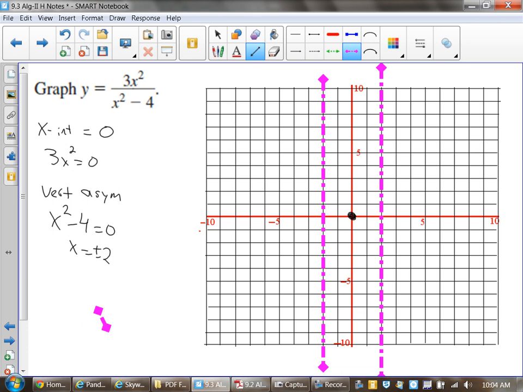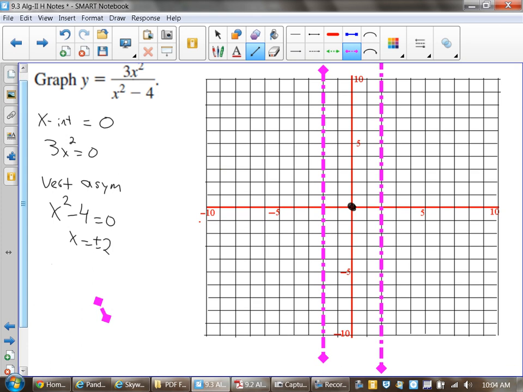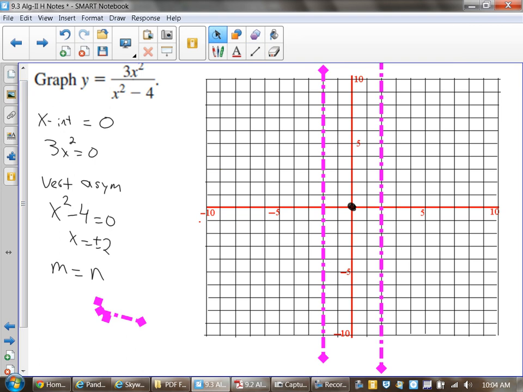Now, horizontal asymptote. Why is that? It's A over B. So the degree of the numerator equals the degree of the denominator. In this case, it is 3. It's x squared equals x squared.